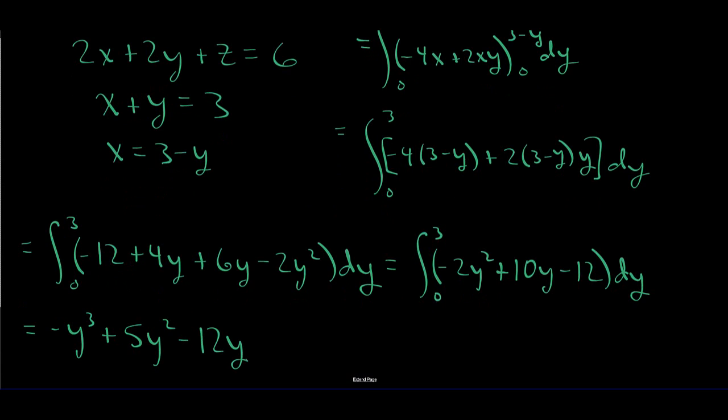And we're going from 0 to 3. Now we just put in a 3. So we've got negative 3 cubed plus 5 times 3 squared minus 12 times 3.